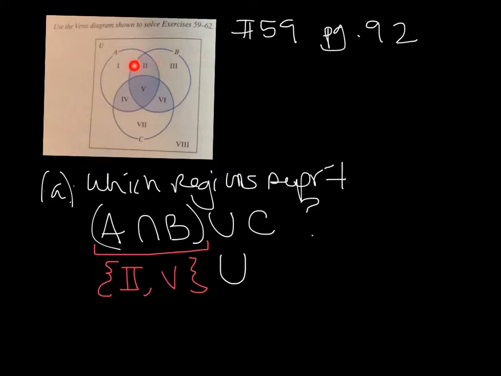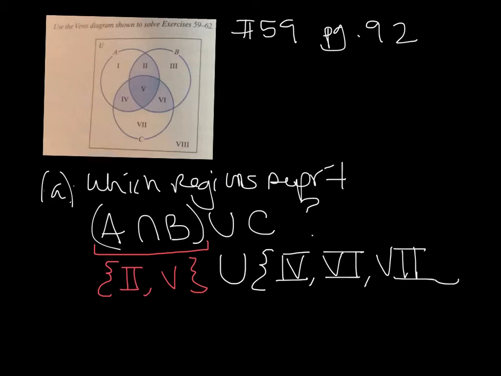So it's this piece, plus everything in here. And everything in there looks like, well, we have 5, but we don't want to repeat it. We have 4, we have 6, and we have 7.